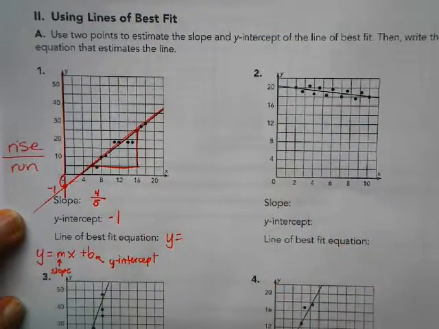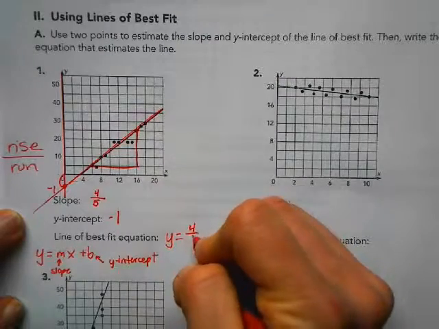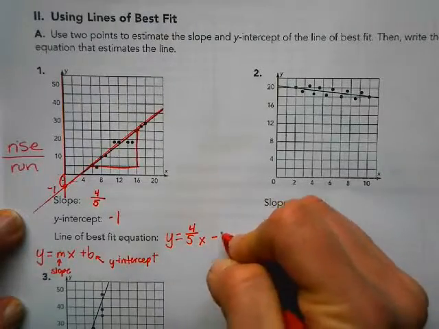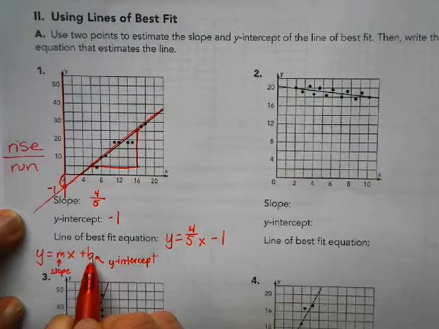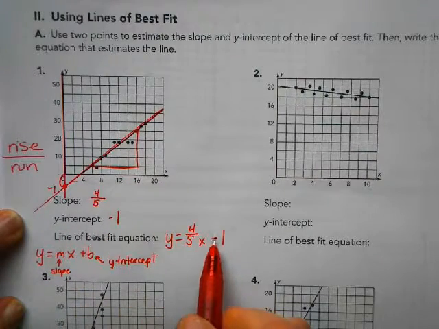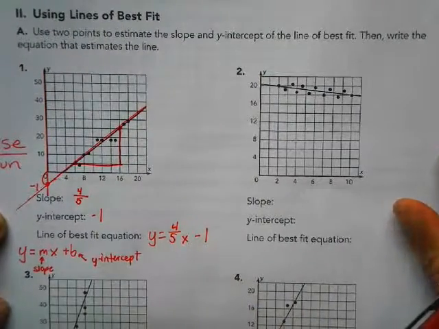So the equation of this line is y equals 4/5 x minus 1. So remember, even though it's plus b over here, our y-intercept is -1, so it's going to be plus -1 or minus 1. It's the same thing. Let's do one more together.